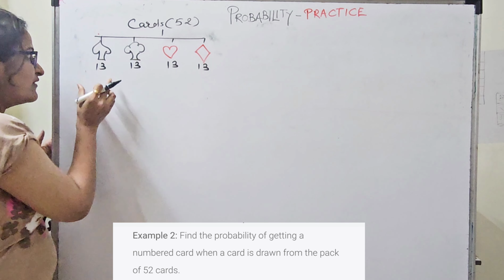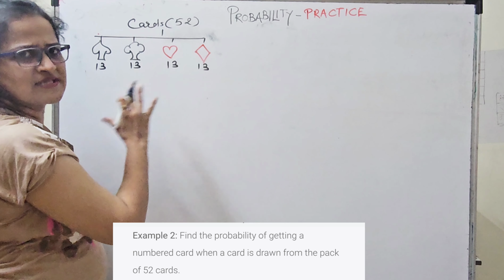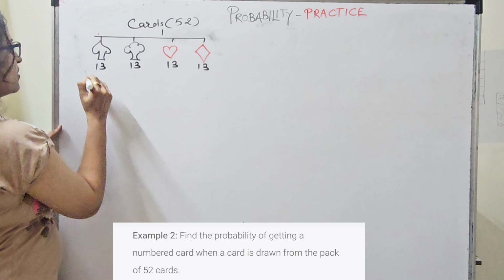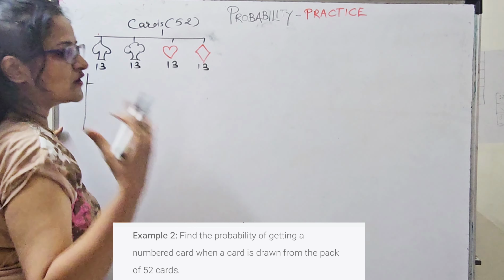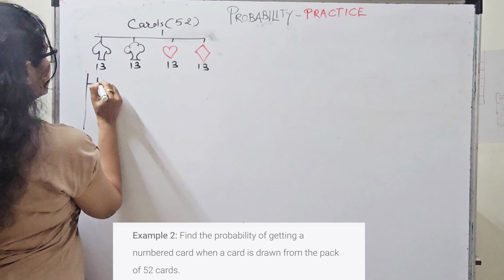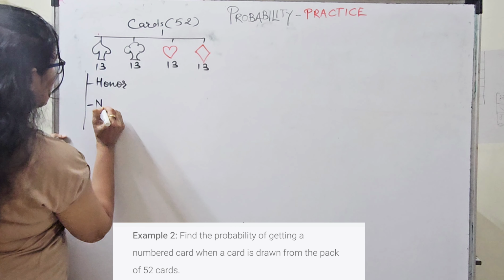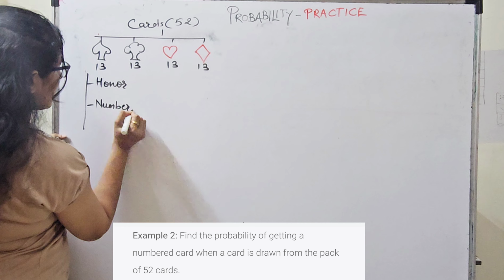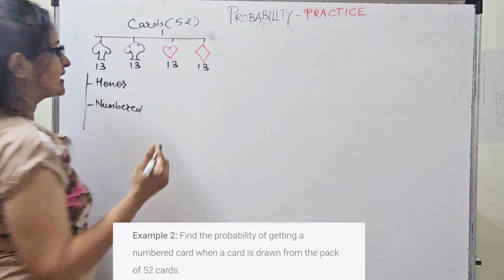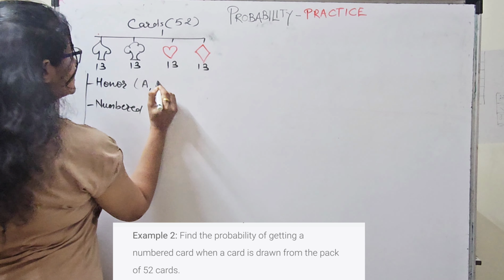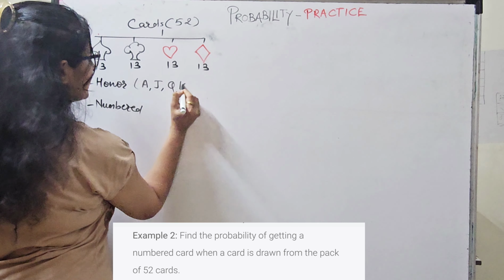Now again we'll go suit-wise. In all the suits this is applicable. Suit-wise, it is further divided into honor cards and numbered cards. Honor cards are ace, jack, queen and king.